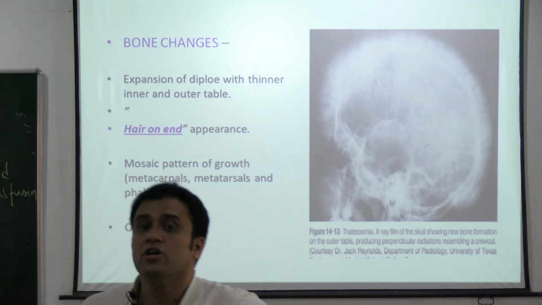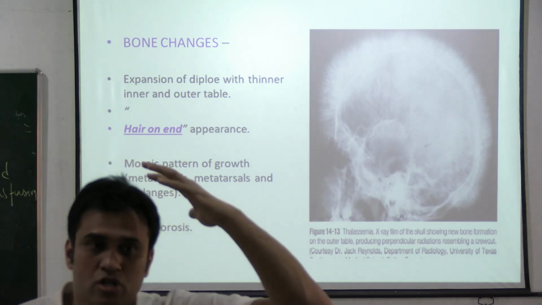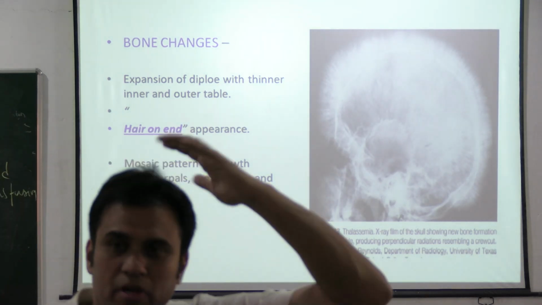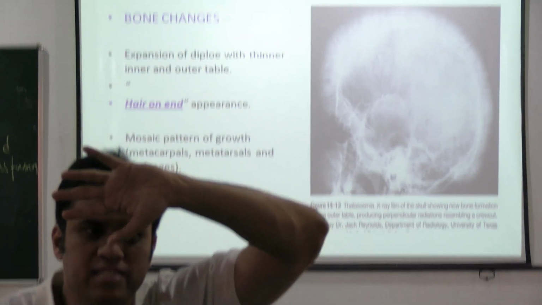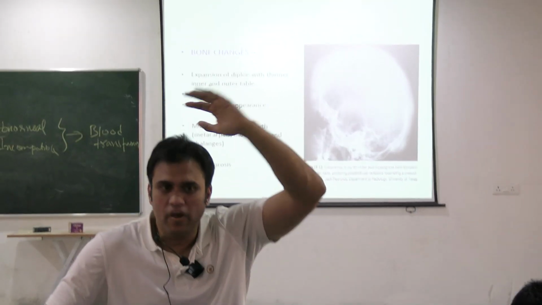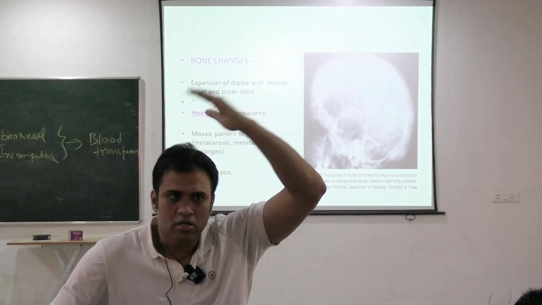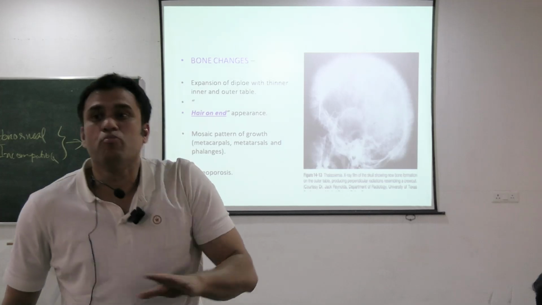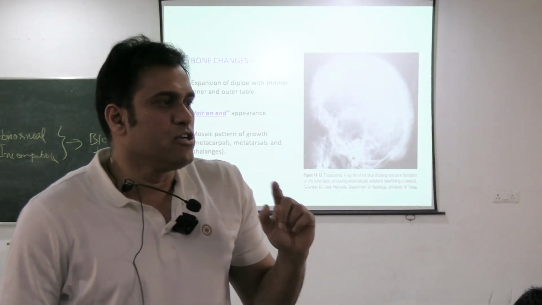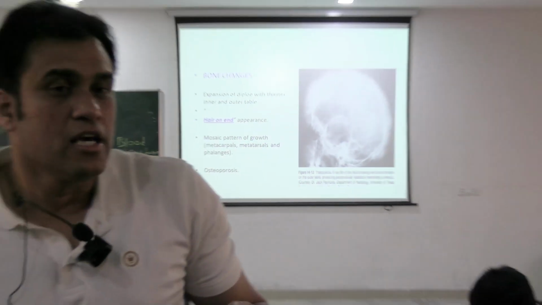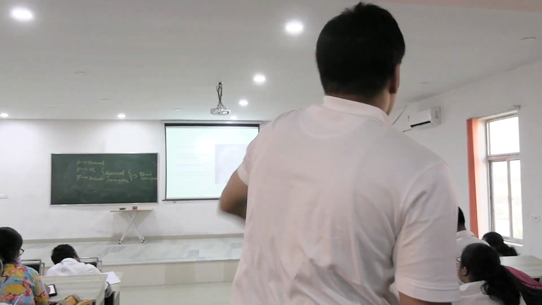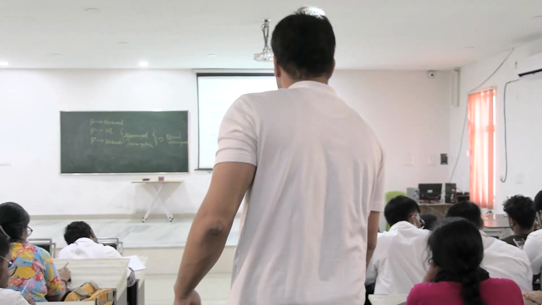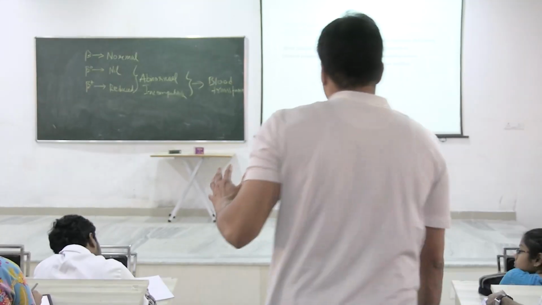It is because the expanding erythroid mass lifts the pericortex and periosteum, resulting in new bone formation. This is known as crew cut appearance or hair on end appearance, and it is predominantly seen in the skull. Okay. So remember the bony changes.